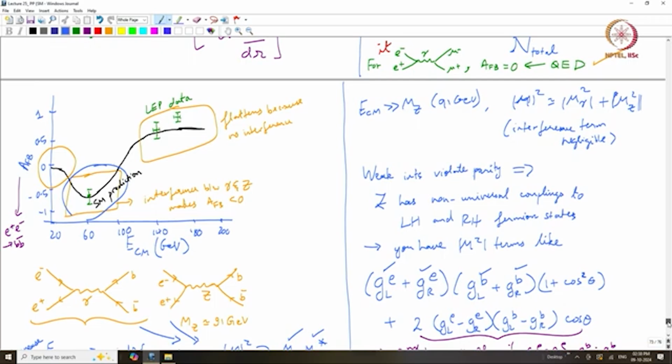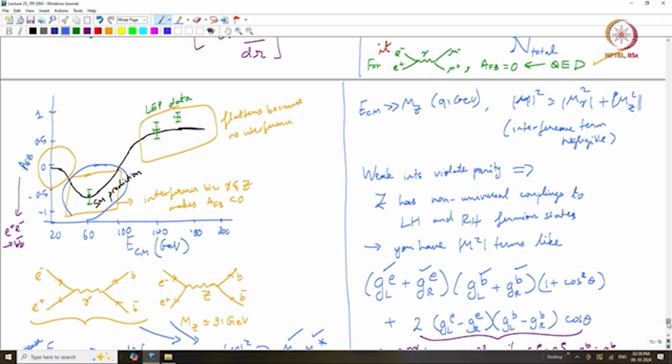And indeed, as a function of the center of mass energy of whatever particles you are crashing, in the plot that I am showing here, the particles are the positron and electron, the final states being B B bar. If you plot the forward backward asymmetry as a function of the center of mass energy, you do find that as you go to higher energies, you get a non-zero forward backward asymmetry, and it goes to a negative value because that is how interference between the amplitudes mediated by the photon and the Z boson go.